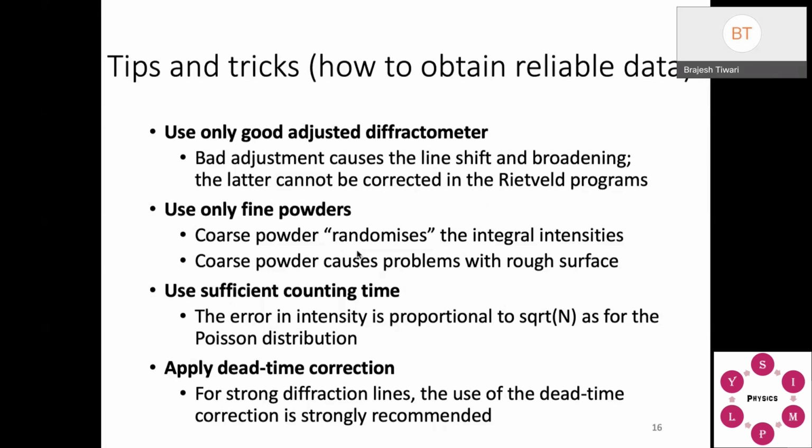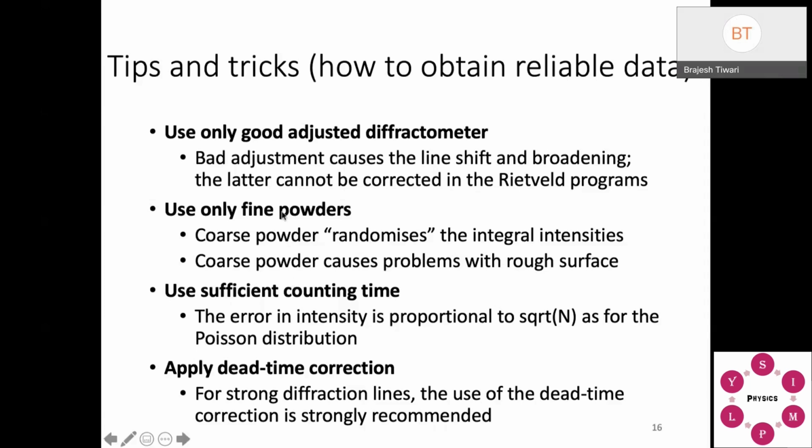So while collecting the data, you should be a little bit careful. If you are not doing it on your own, whoever is doing the XRD data, inform them in advance what things you want, and that you want these corrections done in advance. Because you are going to get the data up to 3-4 decimal places, and if there is an initial error, that has no meaning. That's why this is important.